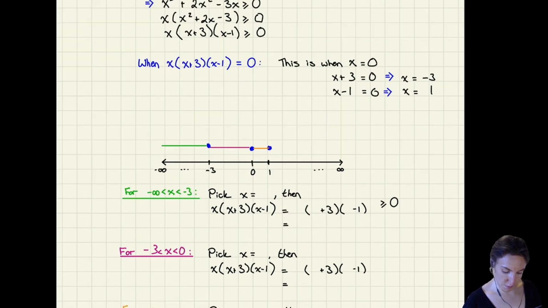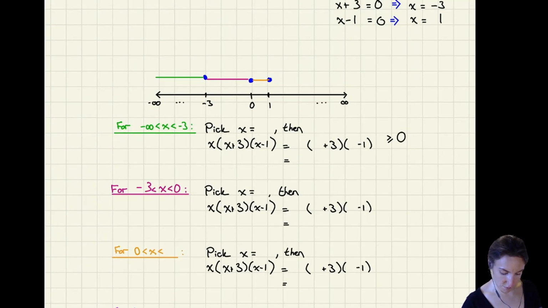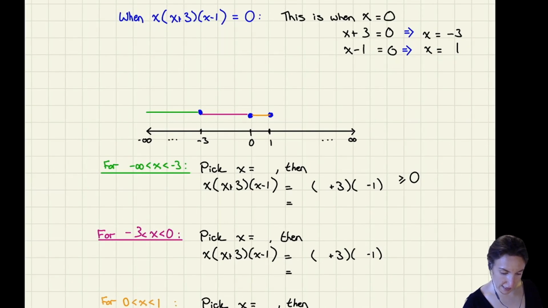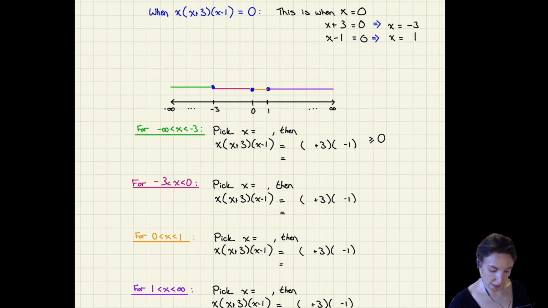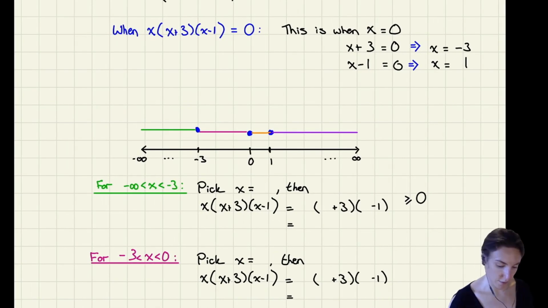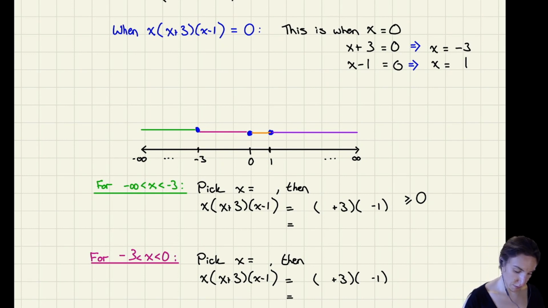Okay, still a lot of numbers between 0 and 1, infinitely many in fact. And then finally, I have the section from 1 to infinity. Okay, so I have 4 separate sections there. So this splits our interval into 4 sections.